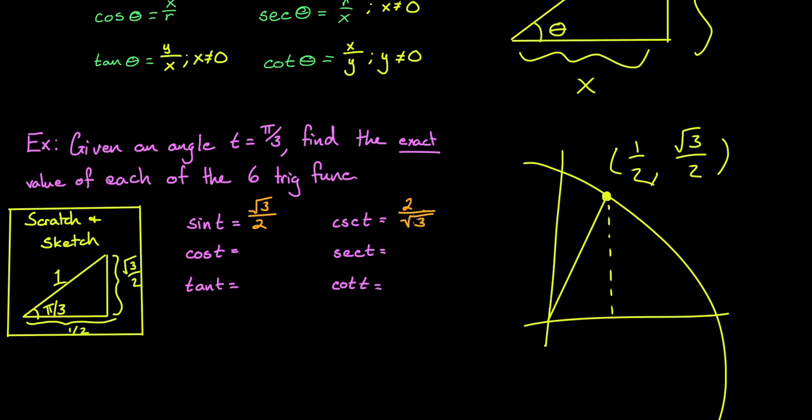JV, if you don't want this to be a square root of 3, what could you multiply the denominator by? Good. And I have to do it to both of them, right? And check it out. Here it is. What is the cosecant of pi thirds, apparently? And that's an everybody question. 2 root 3 over 3.